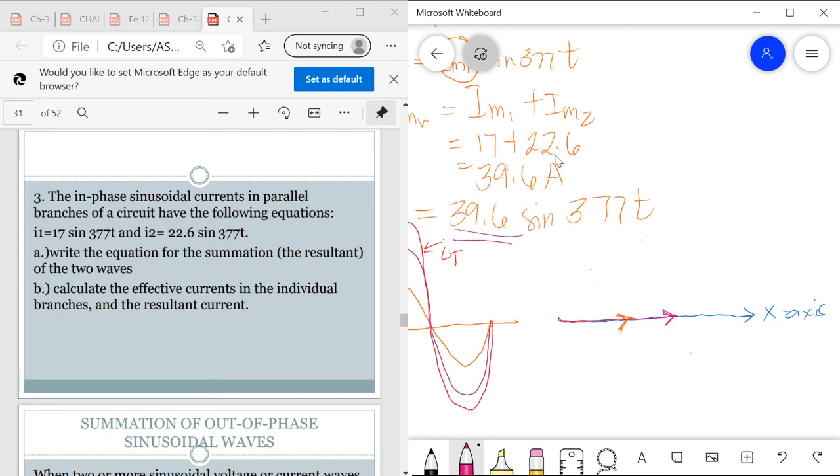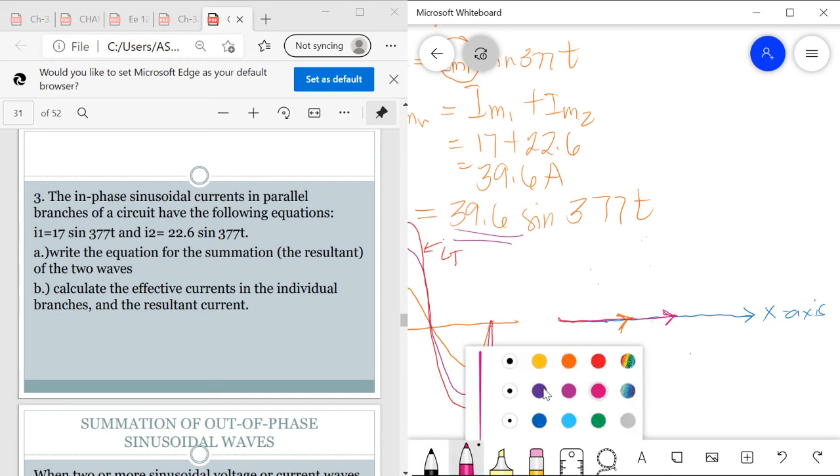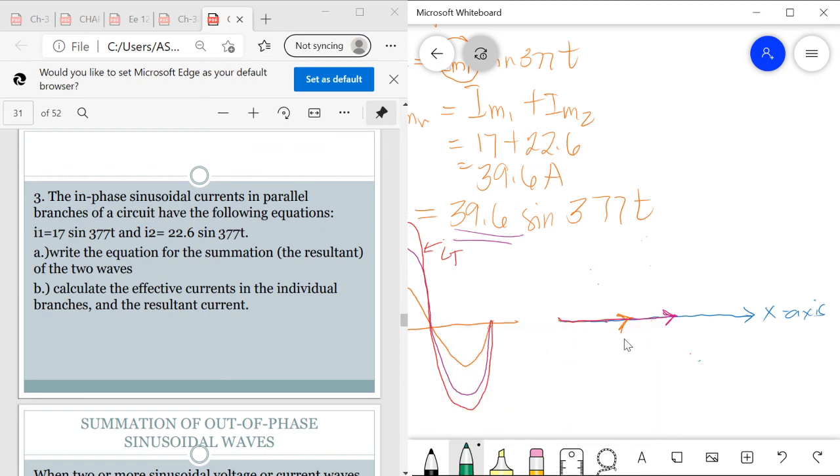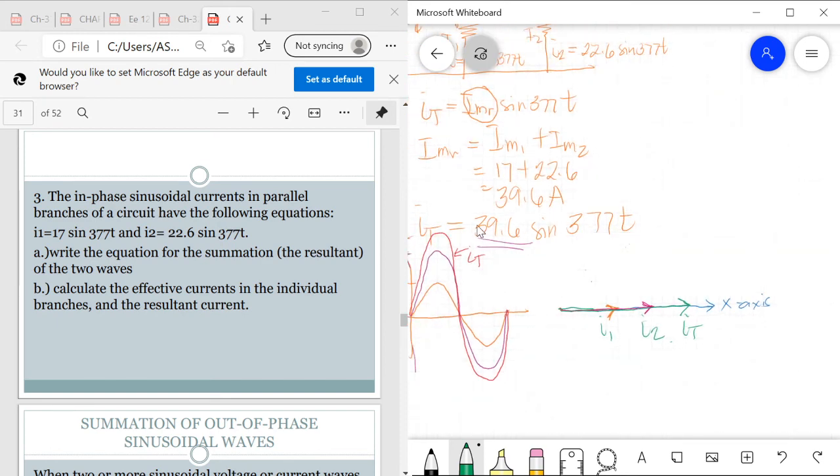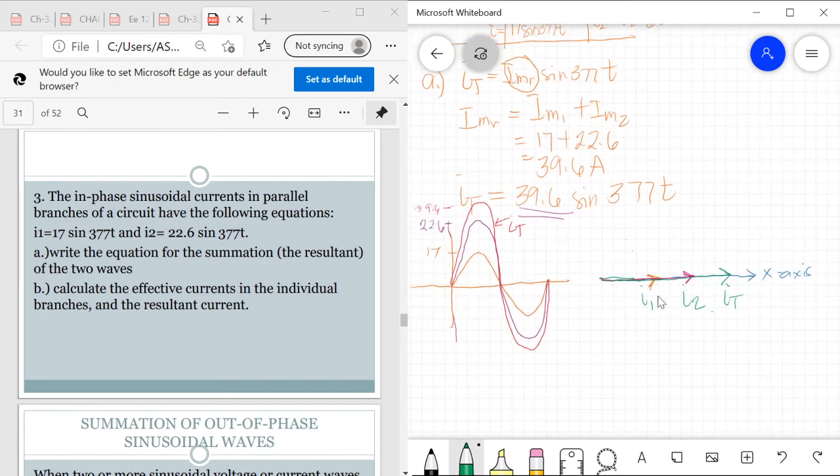I2 na 22.6 and the resultant of these two is dito. So, ito yung IT, I1, and I2. Ito yung equation ng na-answer natin sa letter A.